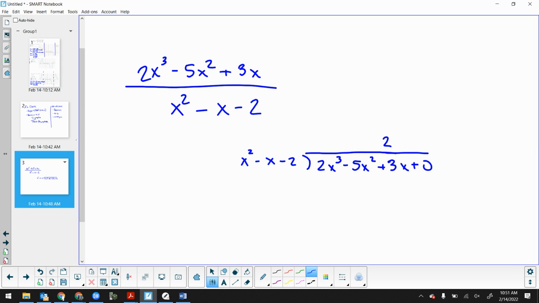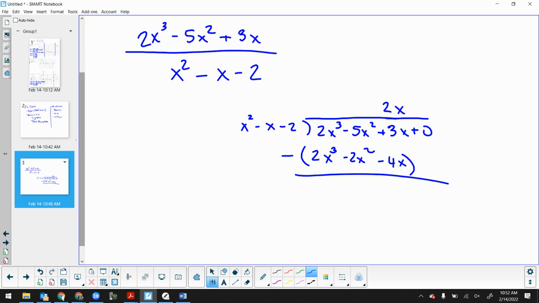Multiply by 2x. 2x times x squared is 2x to the third. 2x times negative x is negative 2x squared. 2x times negative 2 is negative 4x. And we subtract. Everything cancels in my first term, which was the point. Negative 5 minus negative 2 is negative 5 plus 2, so negative 3. 3 minus a negative 4 is 3 plus 4, so 7x. Carry down our plus 0.